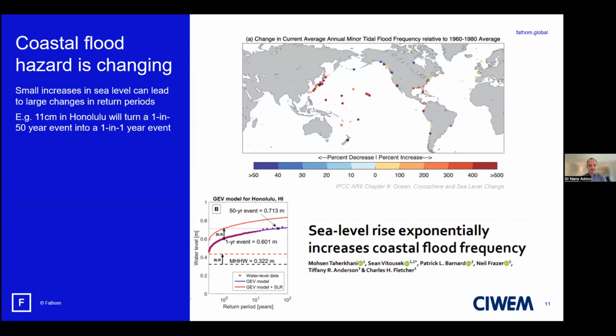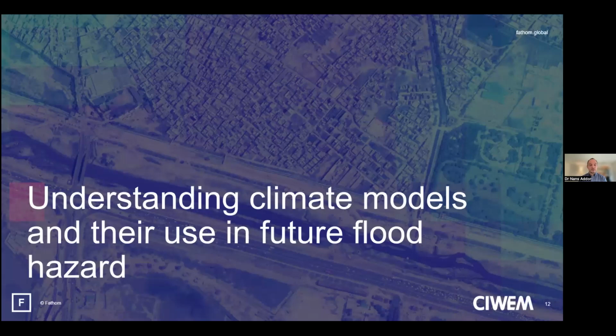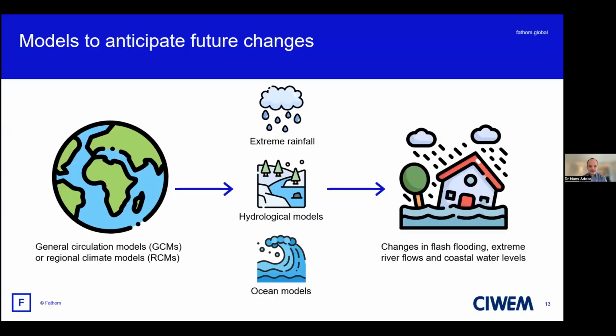Next slide, please. And so far we've talked about changes that we have already observed, things that have already changed. Now let's talk about how we can use climate models to get a better sense of future changes in flood hazard. Next slide, please.